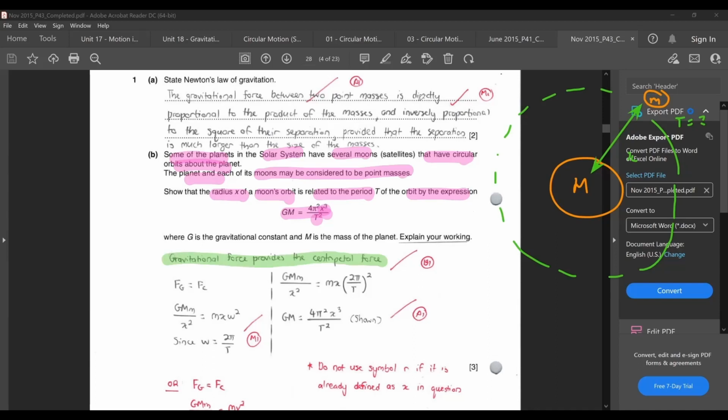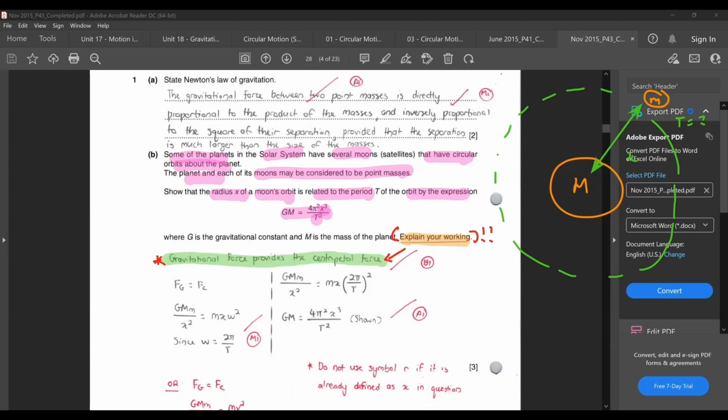Now, in your gravitational field questions, the moment you see explain your working, this one almost always relates to this. The explaining your working part is telling you you need to write this. Gravitational force provides your centripetal force.